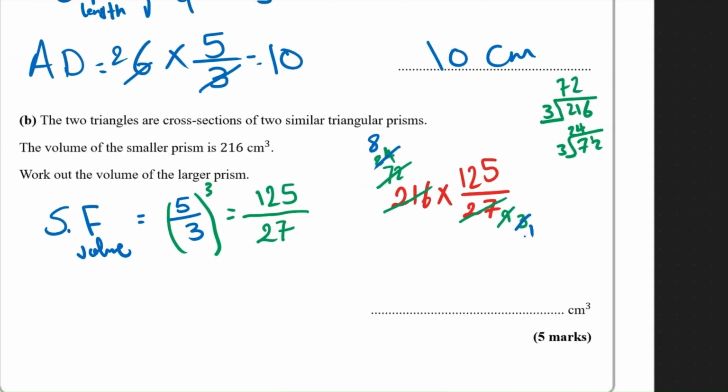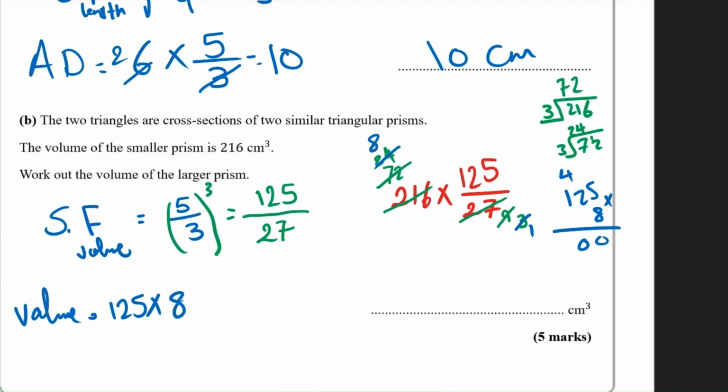So we can write here: volume of the larger prism equals 125 times 8. So you need to do this one. 8 times 5 is 40, write 0 and carry 4. 8 times 2 is 16, 16 plus 4 is 20. 8 times 1 is 8, plus 2 is 10.